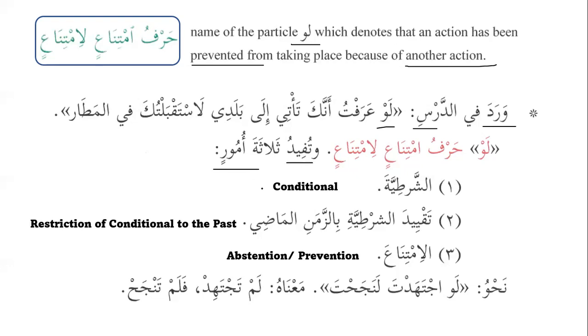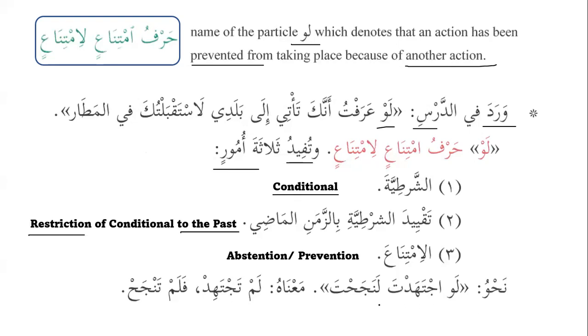Number one, الشرطية, the conditional sentence. Then تقييد الشرطية بالزمن الماضي, restriction of the conditional to the past, so it restricts the conditional sentence only to the past. And the last one is al-imtina, which is abstention or prevention.